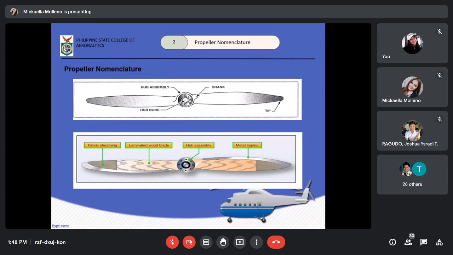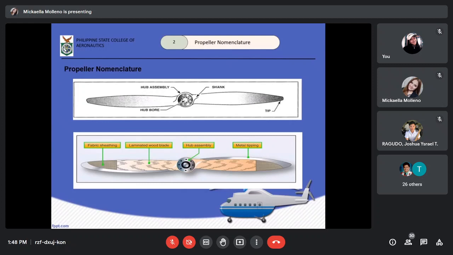So bakit natin kailangan pag-aralan yung propeller nomenclature? Going back dun sa idea ng function ng propeller, which is to produce thrust, we need to study this to be able to fully understand how the process works, since this is a vital component nga. We have here on the first picture yung parts, the hub assembly.